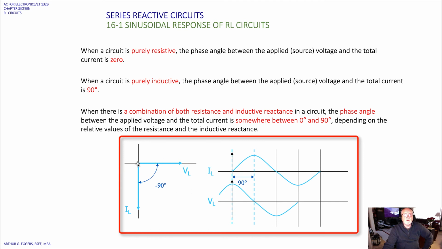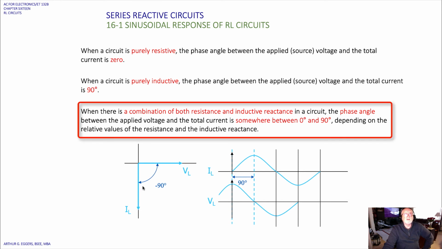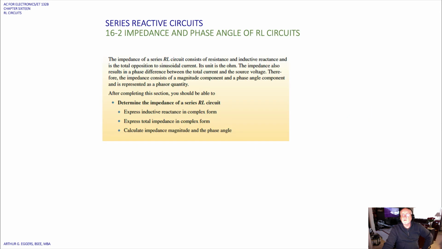Notice now we have I sub L going in the negative direction or making an angle of minus 90 degrees. When there is a combination of both resistance and inductive reactance in a circuit, the phase angle between the applied voltage and the total current is somewhere between 0 and 90 degrees, depending again on the relative values of the resistor and the inductive reactance.